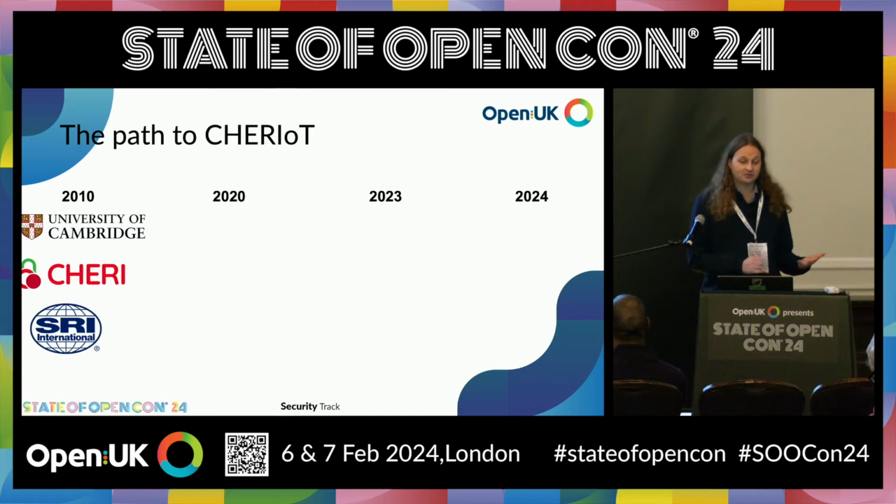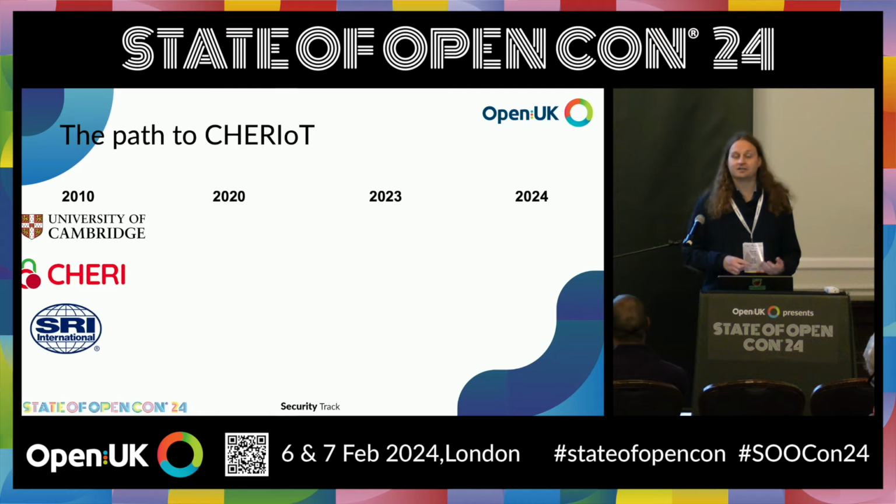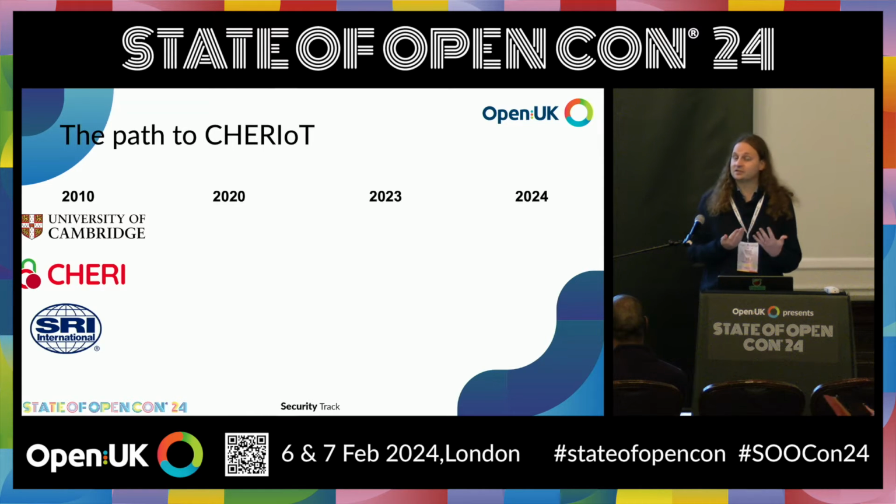And so Cambridge and SRI International put in a proposal for the CHERI architecture, which took some of the ideas from historical capability systems, some of the things that have been learned over the subsequent 50 years, and built something that was adapted to how modern superscalar, deeply pipelined processors work.